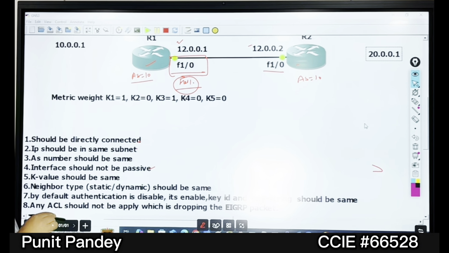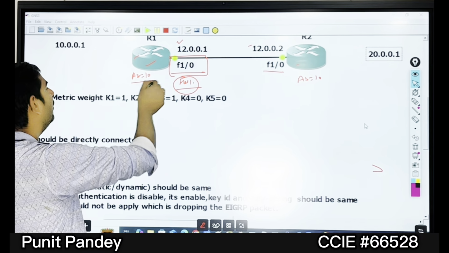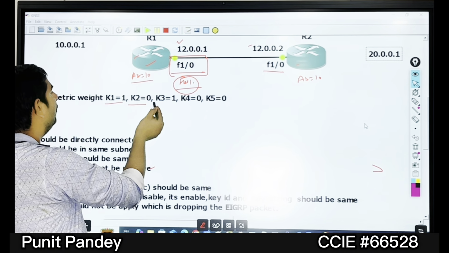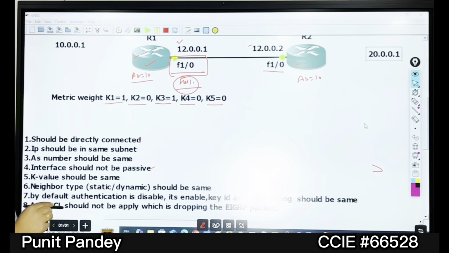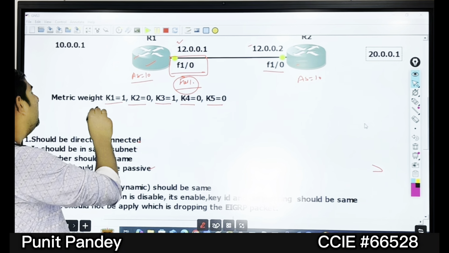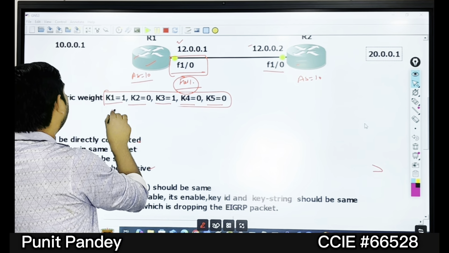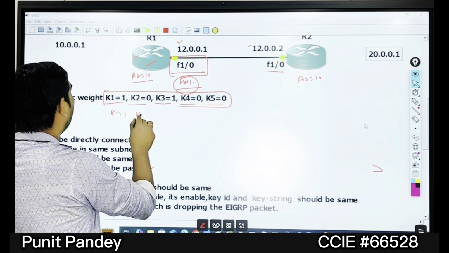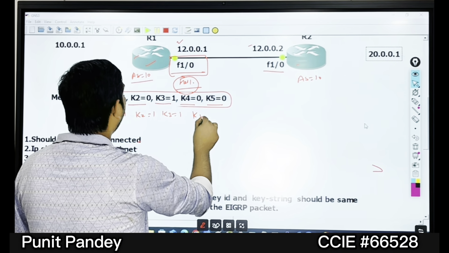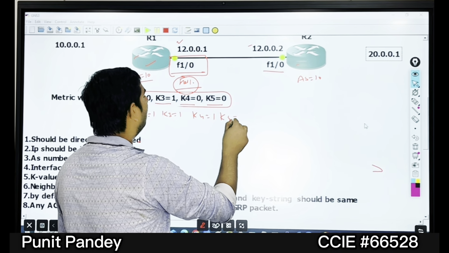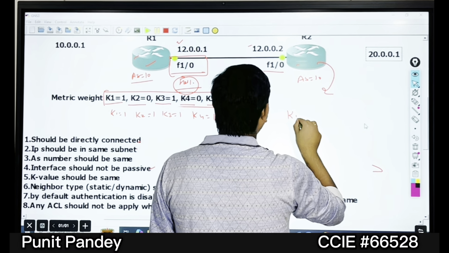Fifth condition, the K values should be the same. By default, the K values on the routers are K1 equal to 1, K2 equal to 0, K3 equal to 1, K4 equal to 0, and K5 equal to 0. By default, the K values should be the same on both ends. Suppose we are using K1 equal to 1, K2 equal to 1, K3 equal to 1, K4 equal to 1, and K5 equal to 1. Then the other side should also be the same.